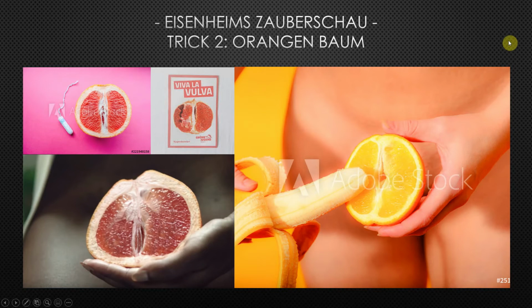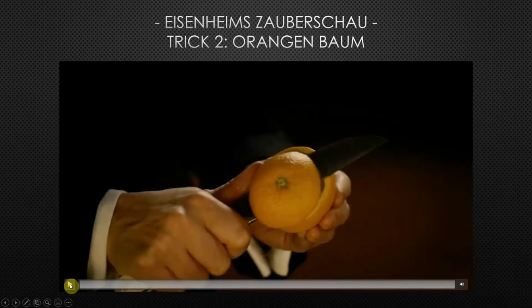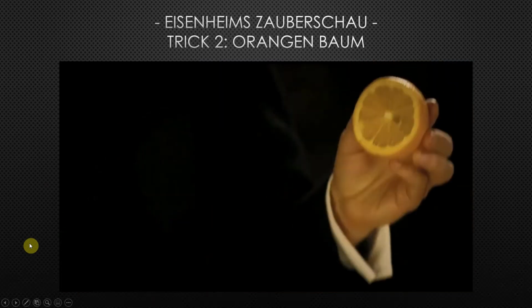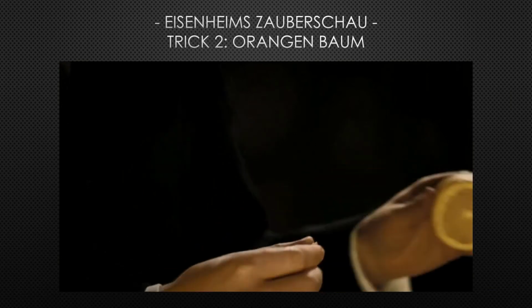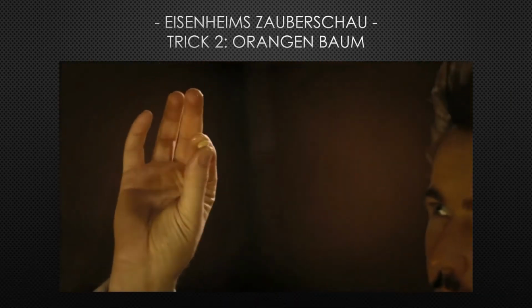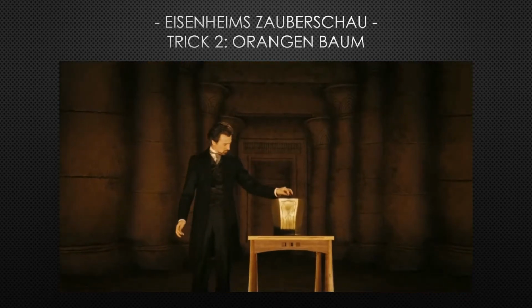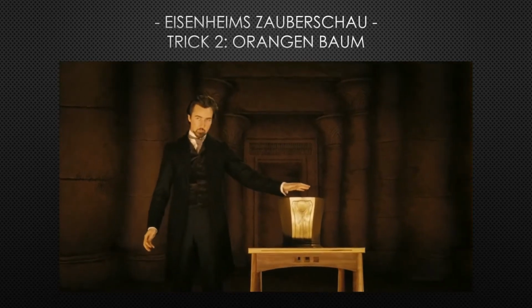That's the trick. And so in the movie, it's not as clear because he cuts it the wrong way. But now look at this. He takes the semen, and he puts the semen into the golden pot, and then he grows the tree from it.